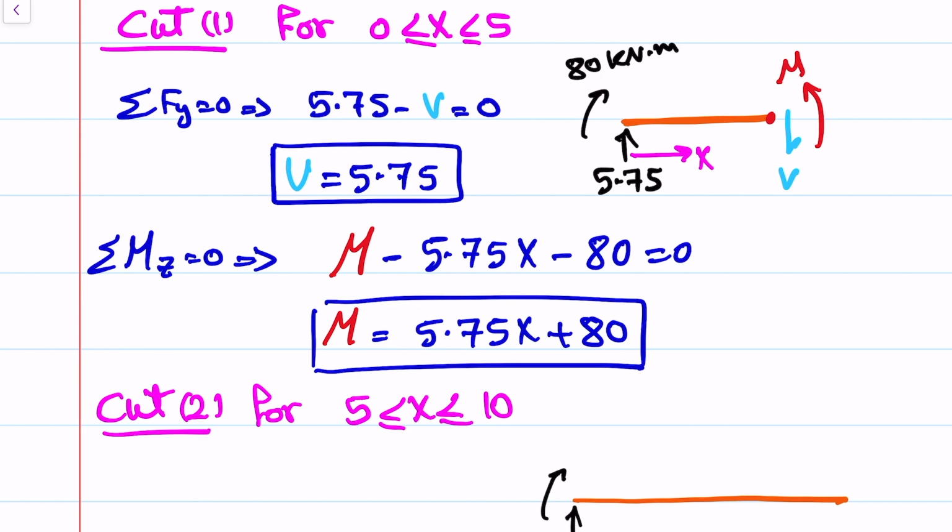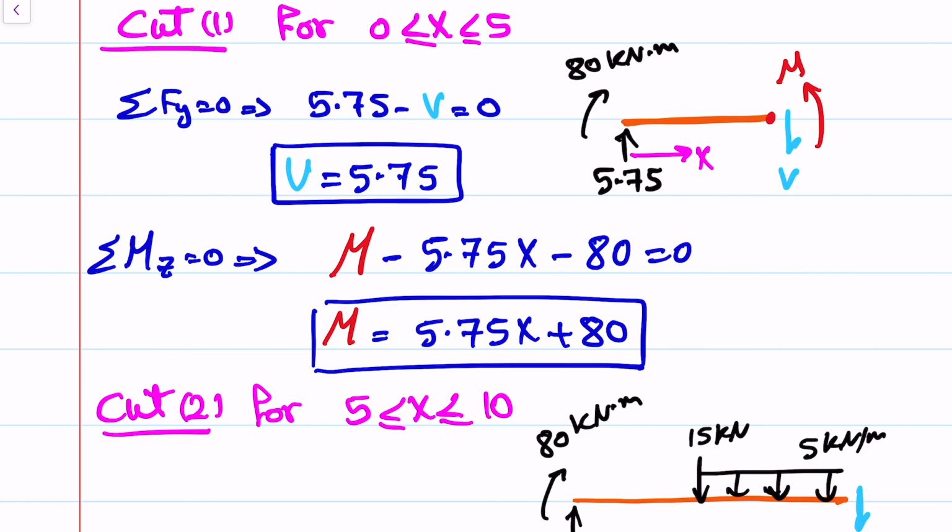We have the moment 80 kilonewton meter, and we have the point load here, 15 kilonewton, and distributed load of 5 kilonewton per meter, and we have the shear V and moment M.